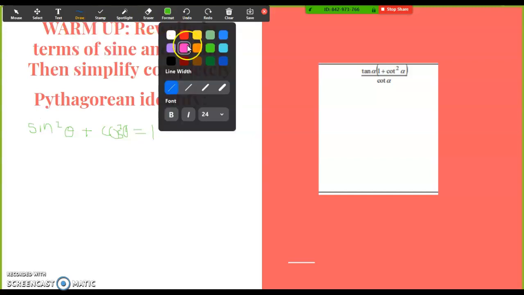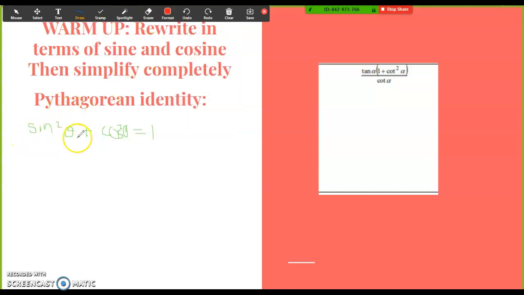And let's remember that this could be written two other ways. If I divided every single term by cosine squared of theta, again keeping this equation nicely balanced, I would have another way that I could write this.